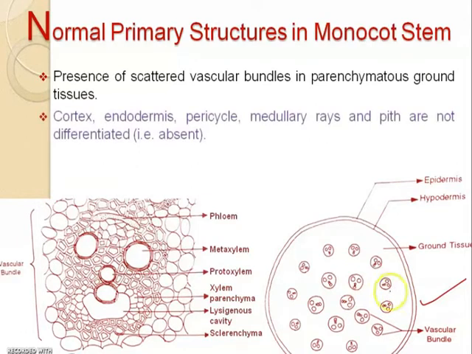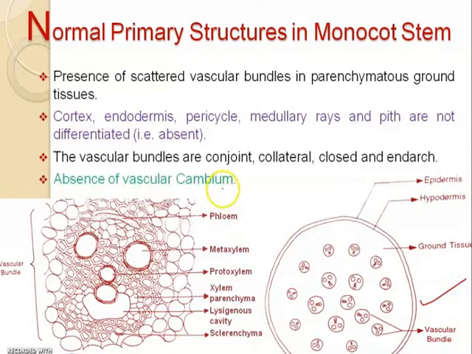Further, ground tissue is not differentiated into cortex, endodermis, pericycle, medullary rays and pith.